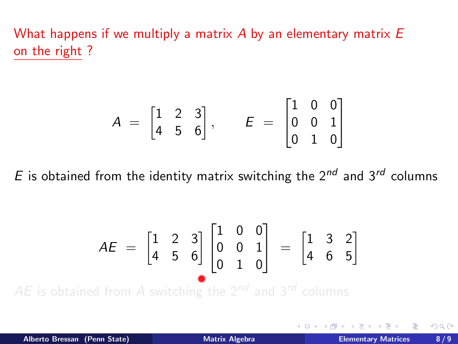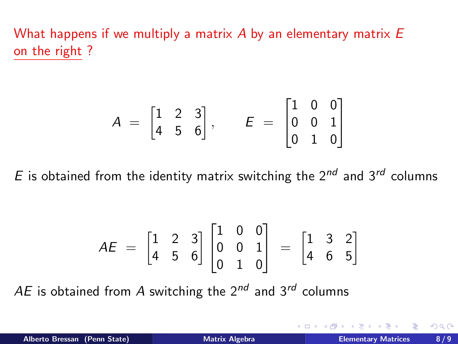Okay, we can carry out this matrix multiplication, A times E. It's a simple calculation, and you will get this matrix. So you see that the first column is unchanged, but the second and the third column here are switched.